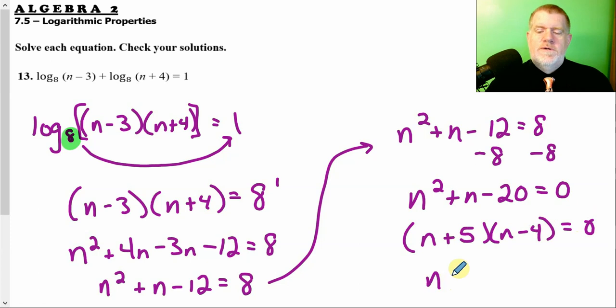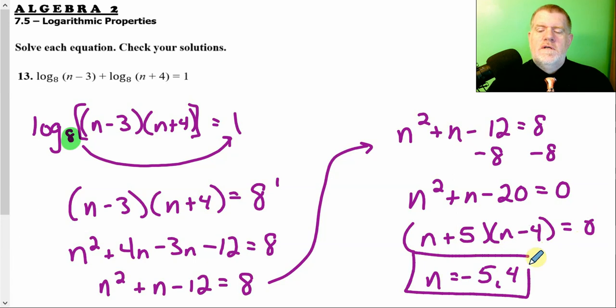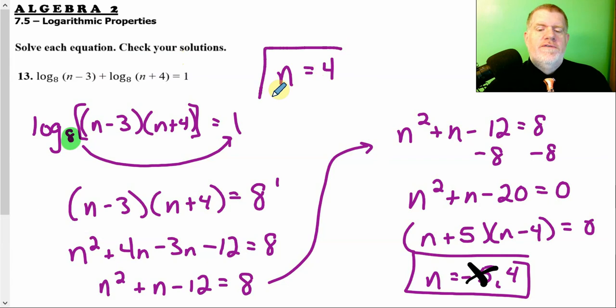Right. So my two potential answers are negative 5 and 4. Let's test them. Negative 5 minus 3 is negative 8. That's not good. Just right away, that's no good. Will 4 be okay? 4 minus 3 is 1. Okay, just good enough. And 4 plus 4 is 8. So 4 remains. Sorry, negative 5. You make things not exist, so you got to go.